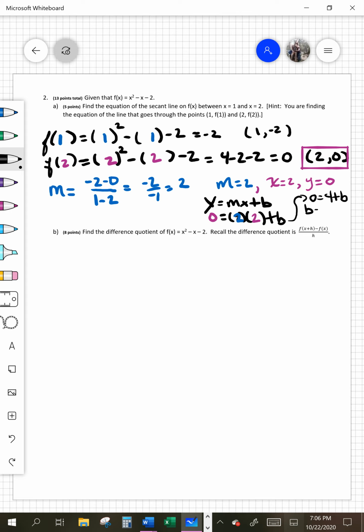We get b is -4. And so looking at when our y-intercept is -4 and our slope is 2, we get back the equation of the secant line is y is equal to our slope, which was 2, times x plus b, and b was -4, so y equals 2x minus 4.